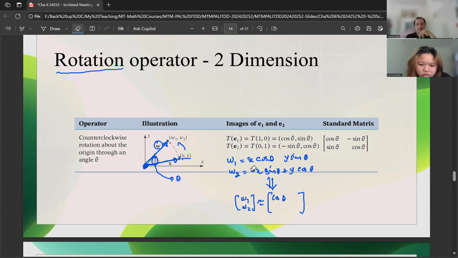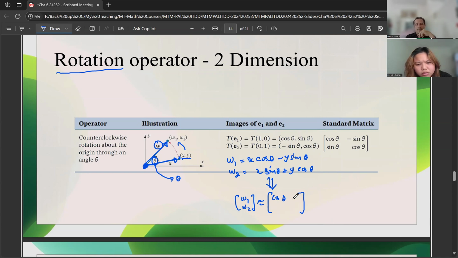Okay, this will be minus sine theta. This will be sine theta. And this will be cosine theta. And this will be x, y.